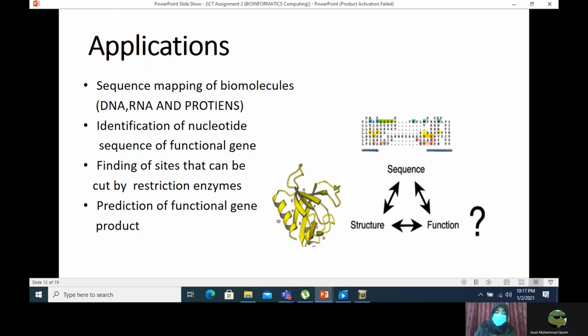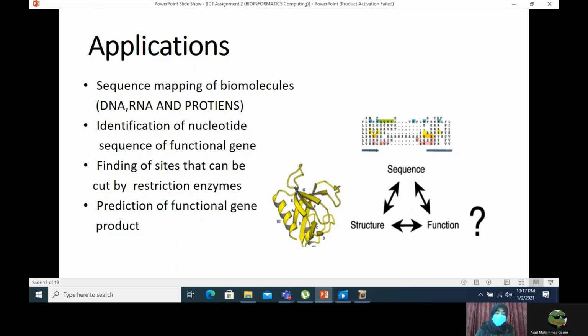Now, there are so many applications. We can apply bioinformatics in so many places. Number one, we can use it to find the sequence mapping of biomolecules, for example, DNA, RNA and proteins. Number two, we can also use it to identify the nucleotides of a gene and the sequence of a functional gene.